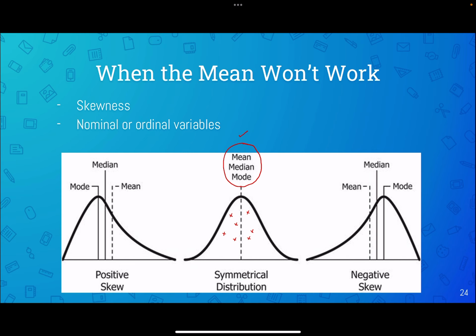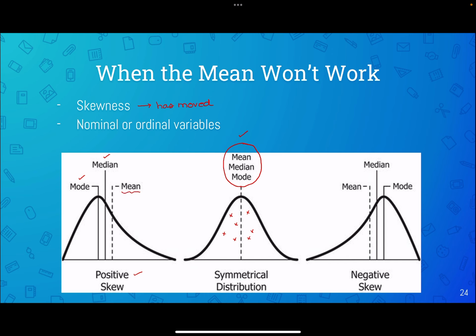But sometimes we can have skewedness. So skewedness means that your distribution has moved. If you see, we can have a positive skewedness, and in this case, the mode works and it's usually at the middle. The median works, but the mean is not central now.